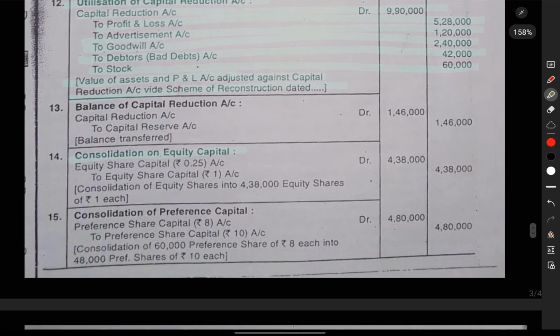So here is the value. Consolidation of equity shares. Equity share capital 0.25 account 4,38,000 to equity share capital rupees 1 4,38,000. And narration will be consolidation of equity shares into 4,38,000 equity shares of rupees 1 each.